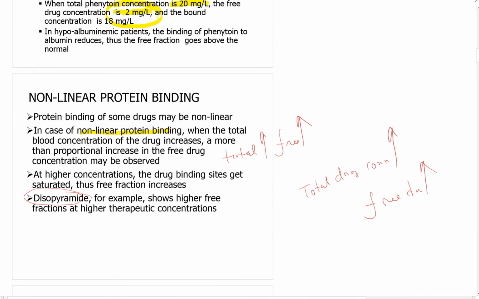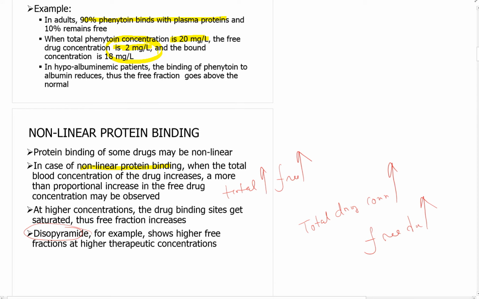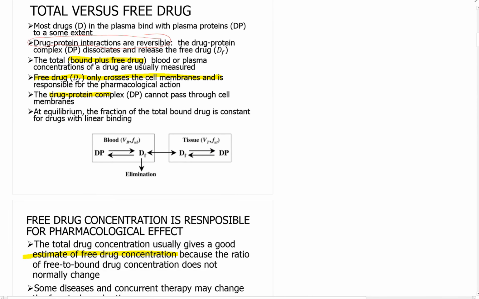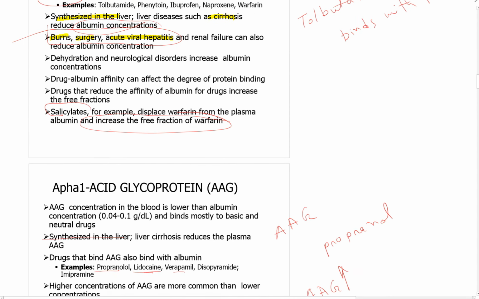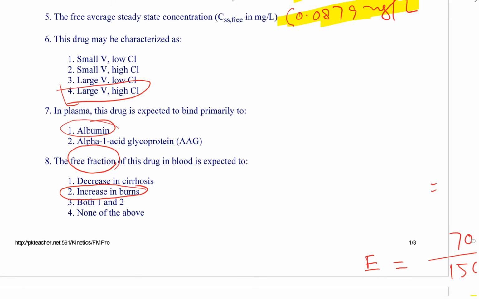What's going on with my computer today? So in the case of burn, surgery, and renal failure, albumin concentration is reduced. Synthesis is reduced, and liver disease also reduces albumin concentration. So in the case of cirrhosis, free drug concentration cannot decrease, it's going to increase.